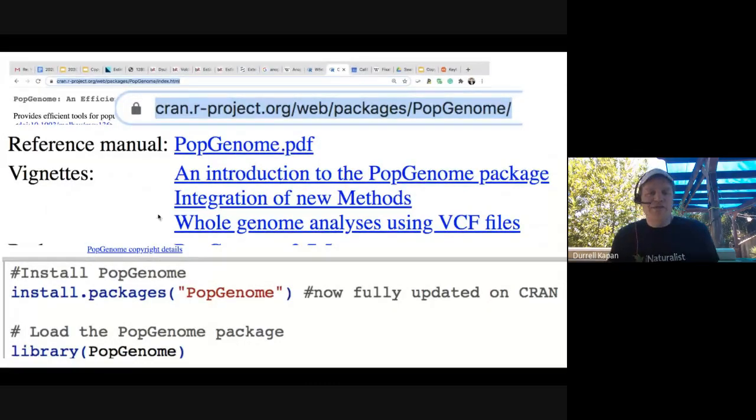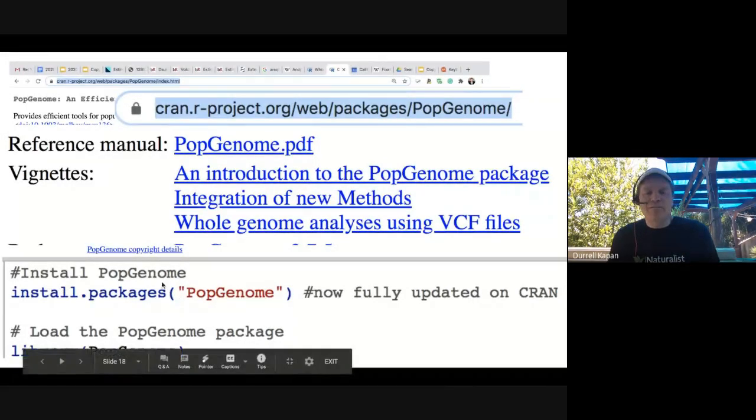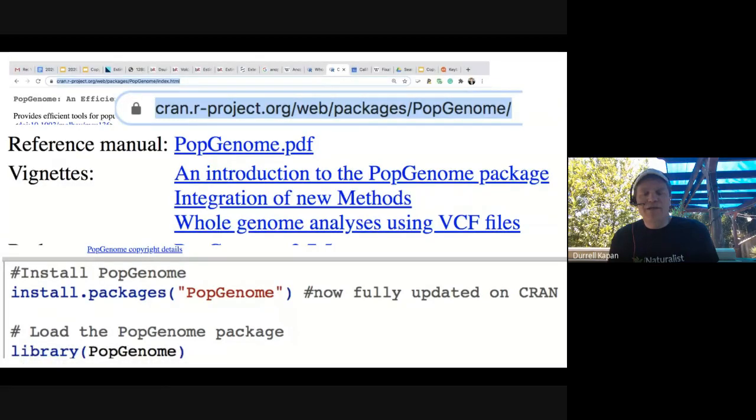So now all you have to do is say install.packages PopGenome, and you want to load that package using the library command. It's amazing. You can do FST, McDonald-Kreitman, almost anything you can think of that's standard inside of R, and it's relatively rapid. All of that work I did to show you that last graph, I just reran it, and it took maybe like 3 minutes before this talk.